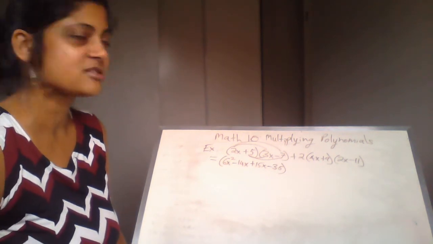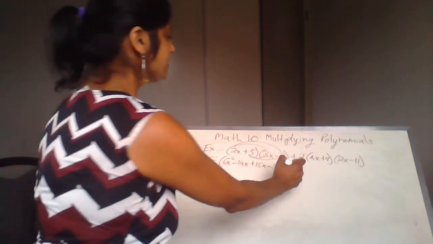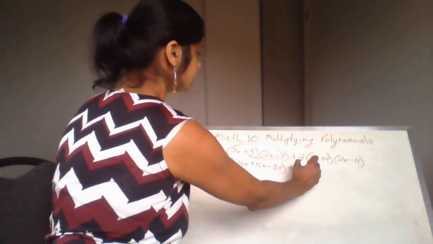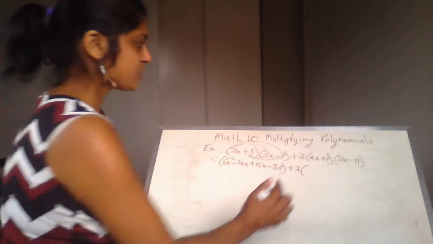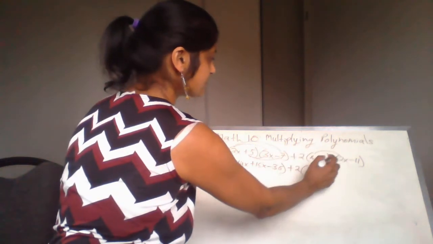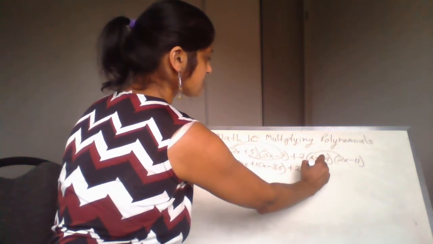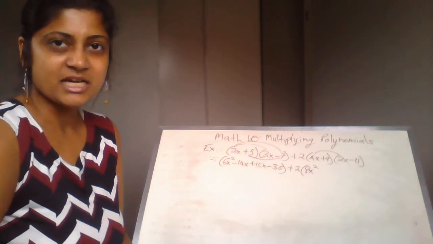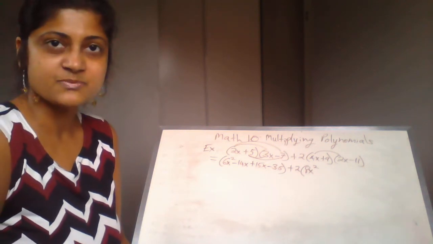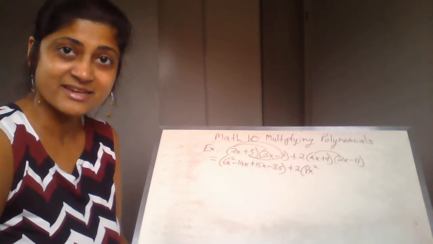So we're going to move on to the second chunk. Again, keep the 2 outside. Let me draw the line. So we're going to do 4x times 2x, 8x squared. And you notice I'm multiplying each of these binomials in the same order.